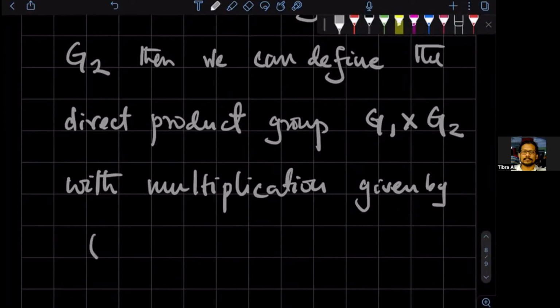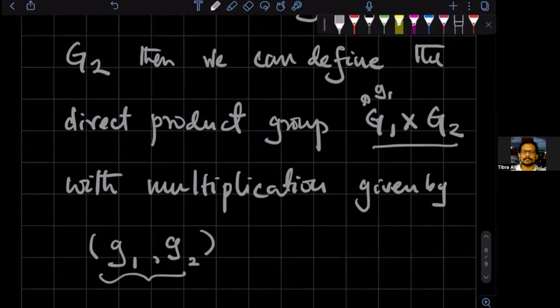so suppose that g1 and g2 are two ordered elements of this group, right? Is this clear what this notation means? So I'm taking some element g1 from big G1 and some element g2 from big G2. And this is an ordered double, or an ordered pair.